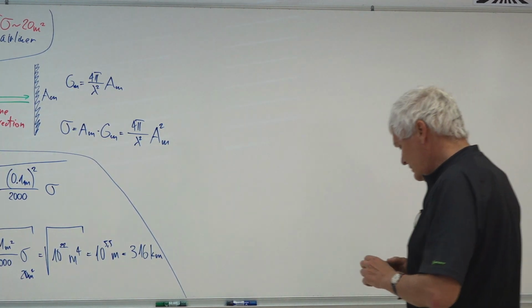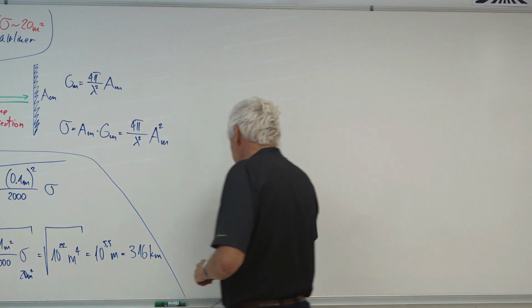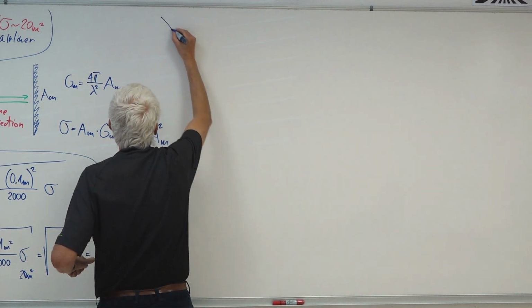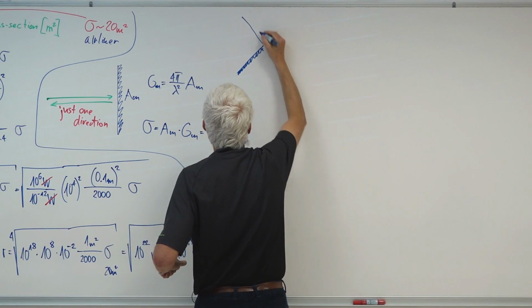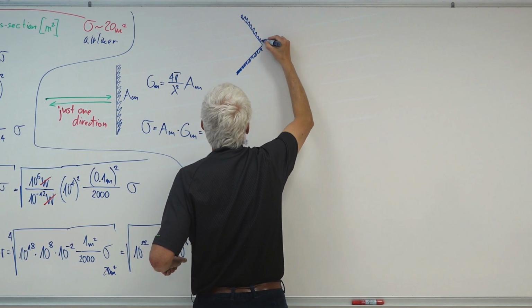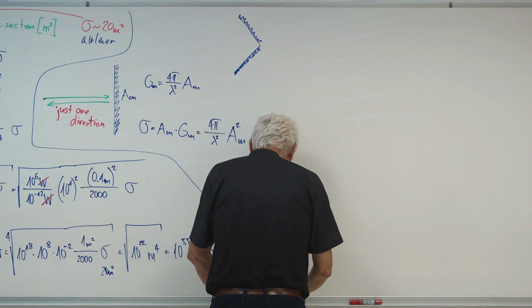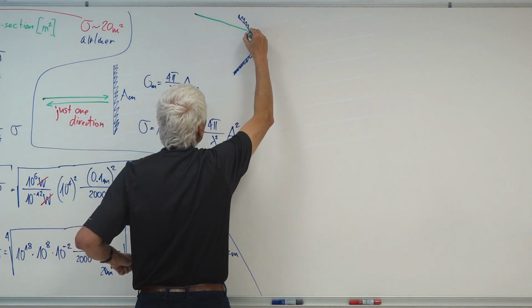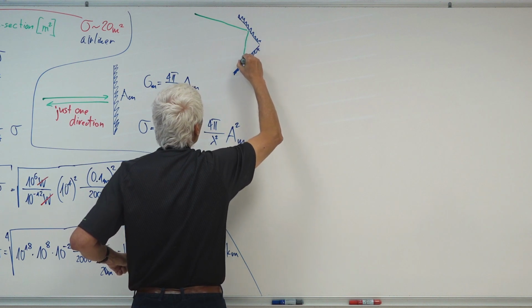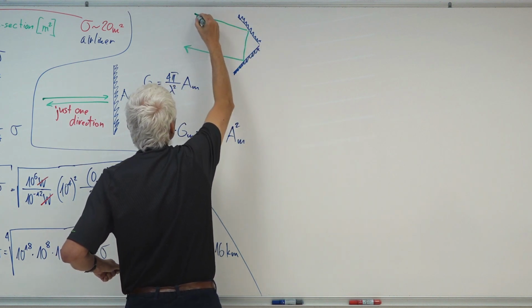And the idea is to use a corner. So you have a right angle corner of two mirrors. No matter where the radiation comes from, it will always be reflected exactly in the same direction.